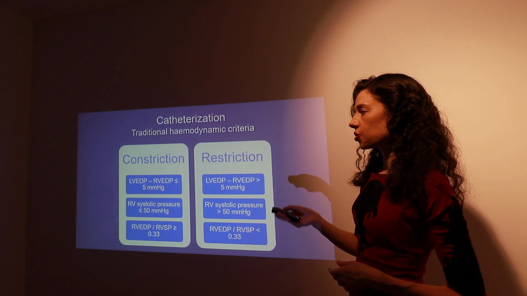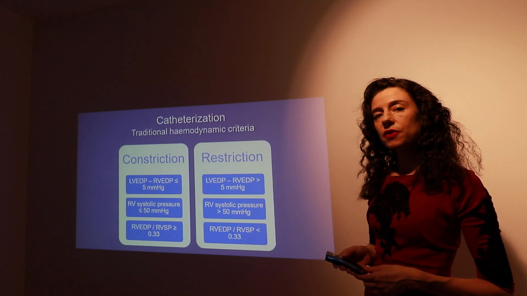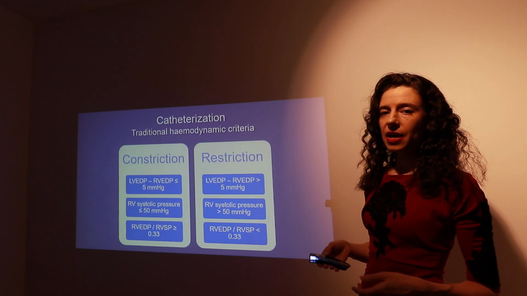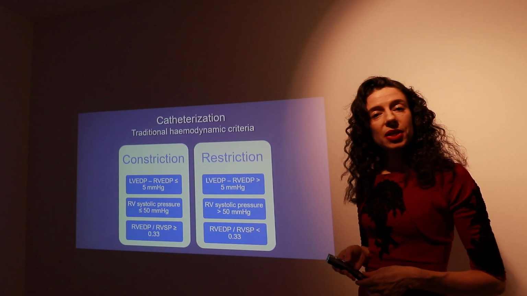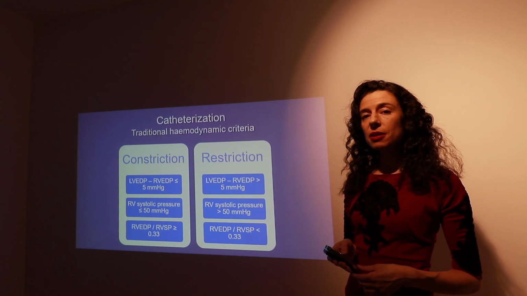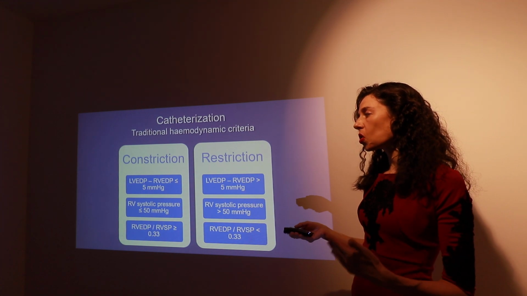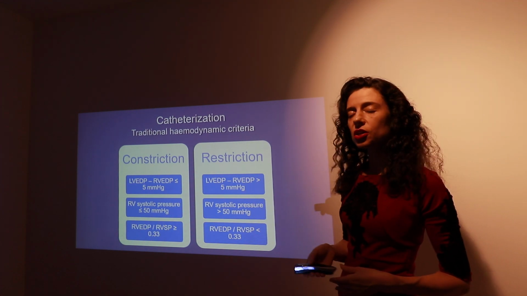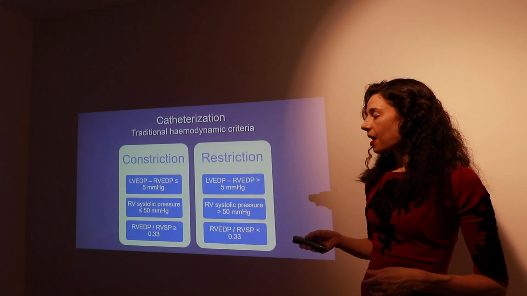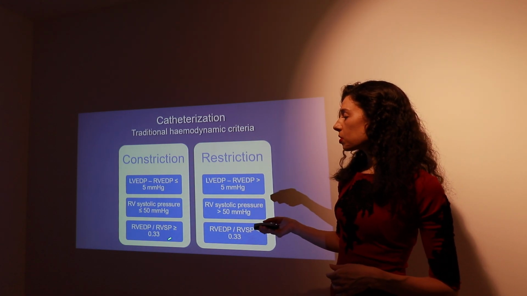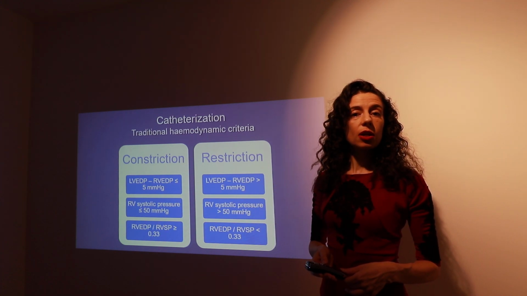The traditional hemodynamic criteria to distinguish constriction from restriction are the following. In constriction, the LV and RV end-diastolic pressures are relatively similar, and the difference between them is no more than 5 millimeters of mercury. Also, we have a not so high RV systolic pressure, which is less than 50, and therefore RV end-diastolic pressure is more than 1/3 of RV systolic pressure.